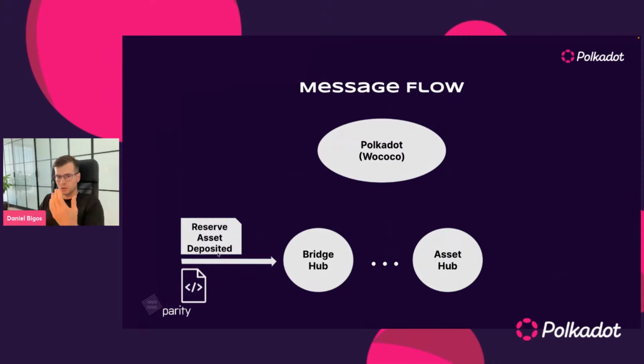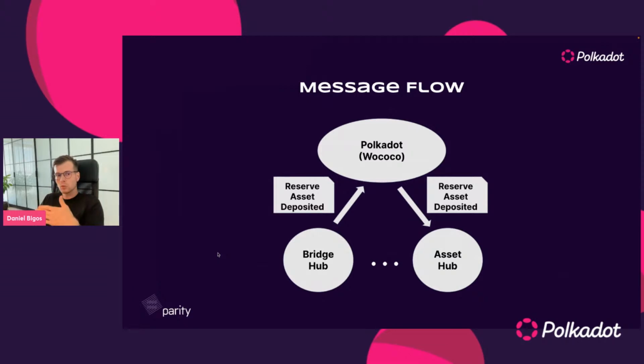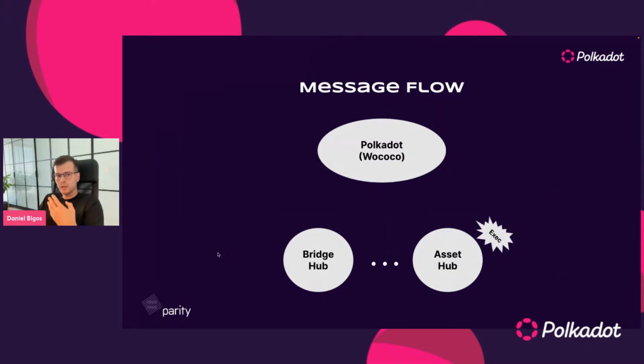That message contains instructions for the asset hub, but on the bridge hub, at first we have light client verification of whether that message is finalized within the source ecosystem, source chain, and then the bridge hub forwards the instruction set to the destination chain, which in that case is the asset hub. And on the asset hub, we execute instructions to deposit some funds on the destination account. So now we have wrapped assets issued on the destination account.